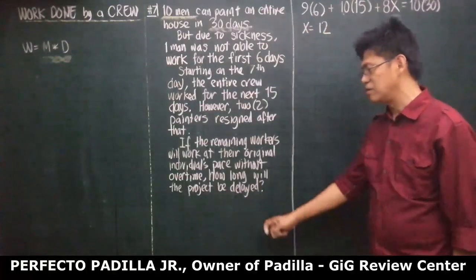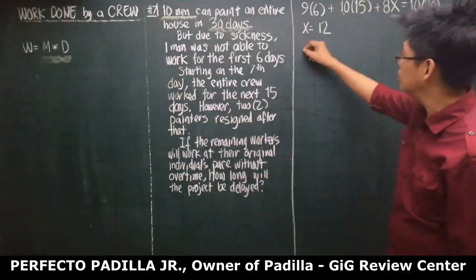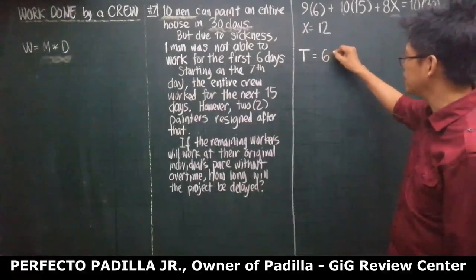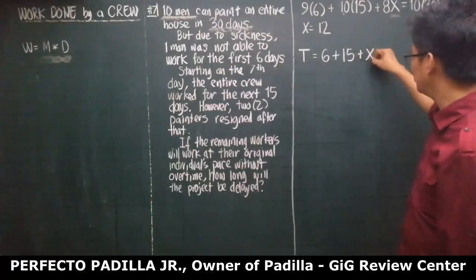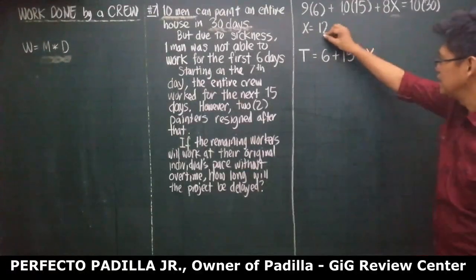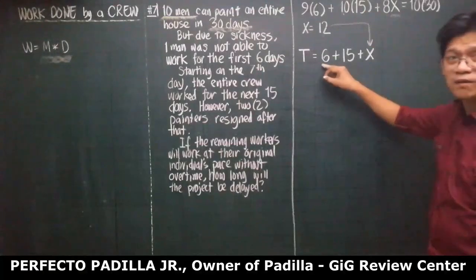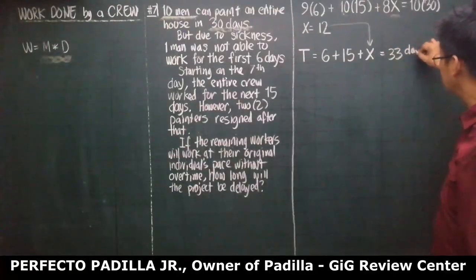Ang tinatanong, gaano daw yung delay? So, ibig sabihin, yung total time natin is going to be yung first 6 days plus yung 15 days plus yung additional x days. So, isubstitute mo itong 12 sa x, 12 plus 15, 27 plus 6, this would be 33 days.